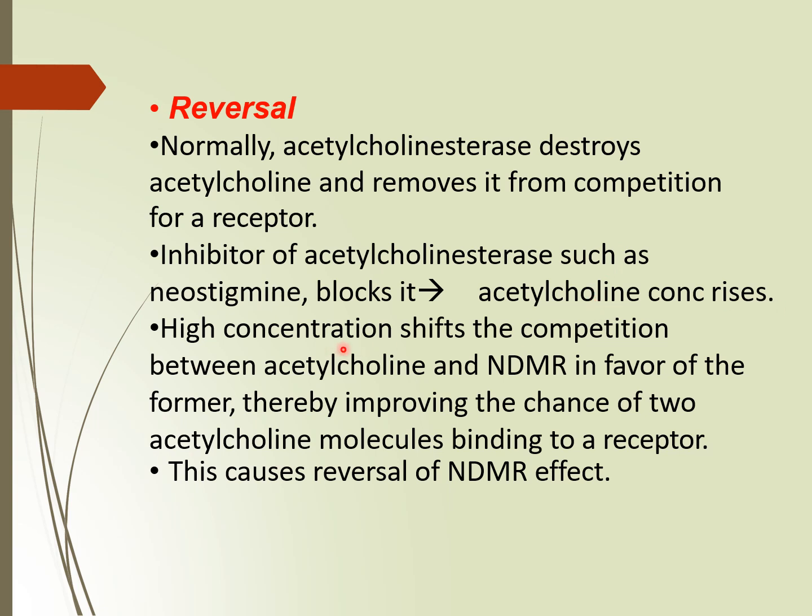The higher concentration shifts the competition between ACH and NDMR in favor of ACH, thereby improving the chance of two ACH molecules binding to a receptor. This leads to nerve transmission at the neuromuscular junction and causes reversal of the NDMR effect.